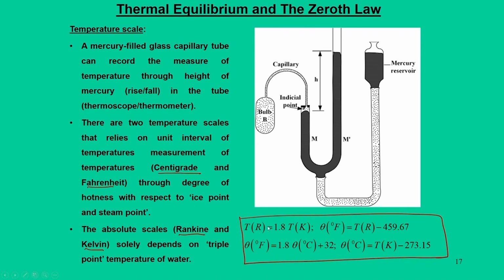So, this is the relation between the Rankine and Kelvin scales. Correspondingly, there are relations between the Fahrenheit and Rankine scales, between the Fahrenheit and centigrade scales, and also between the centigrade and Kelvin scales.